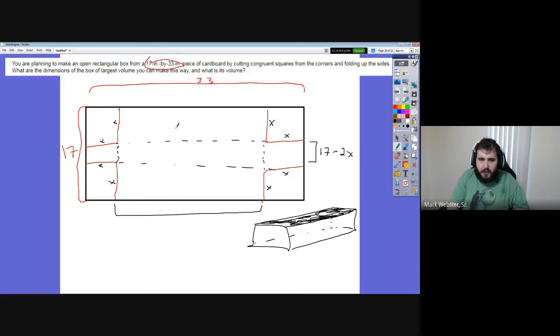And the whole thing is 33, again subtracting 2 x's, so 33 minus 2x. So our box is x by 17 minus 2x by 33 minus 2x.